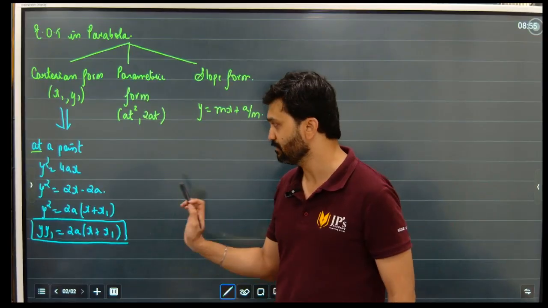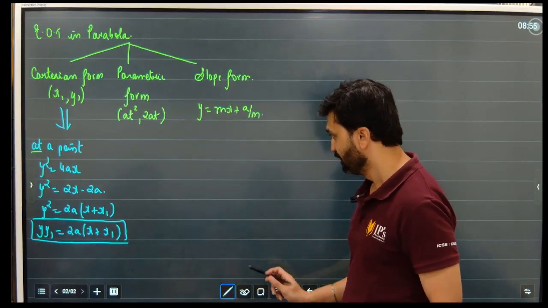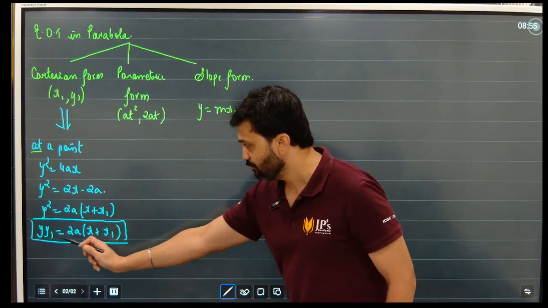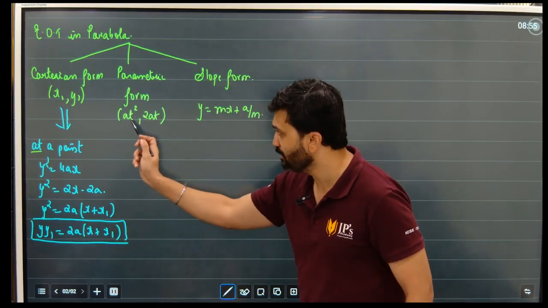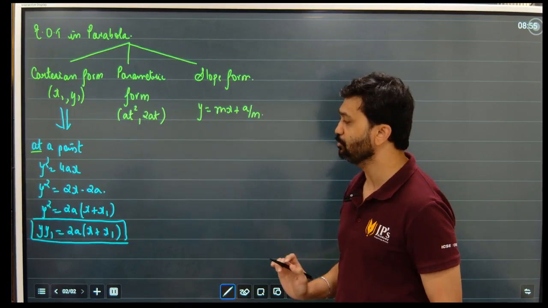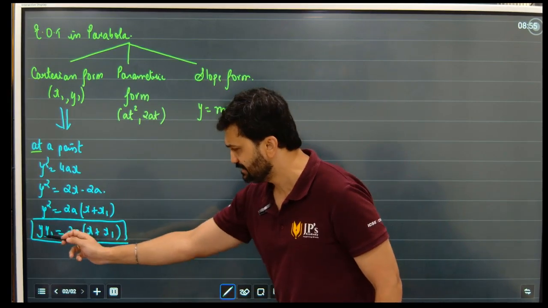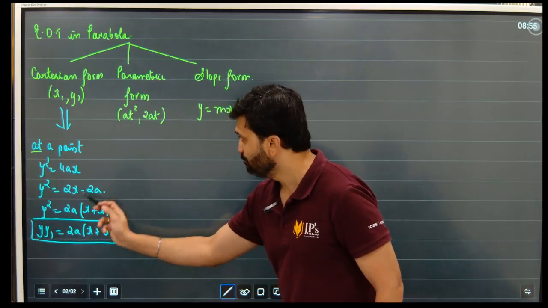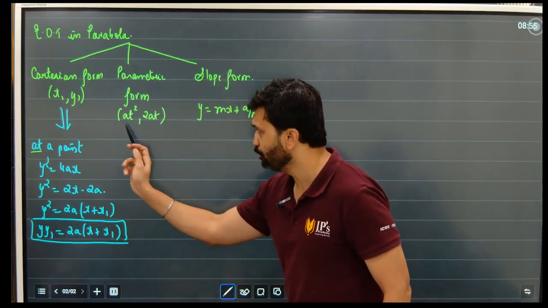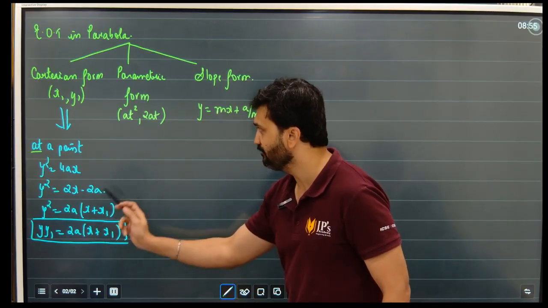Now look at the second part. Now my point is a parameter, that is (at^2, 2at). It means that in the same equation, in place of x1 I will put at^2, and in place of y1 I will put 2at.